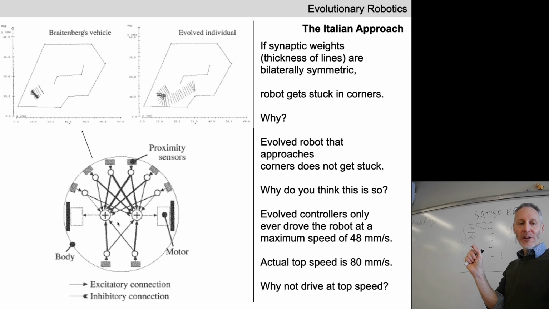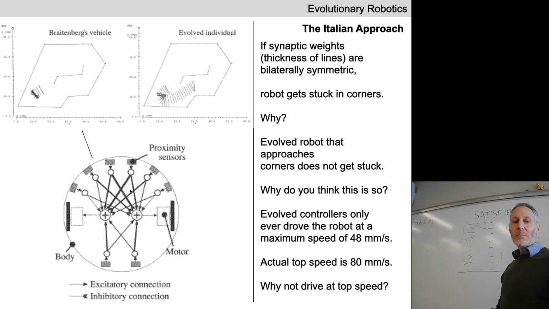The width of the lines now represents the magnitude. So a thick line with this sign at the end is strongly inhibitory. A thick line with this symbol at the end of it is strongly excitatory. Thin lines have values that are near 0.